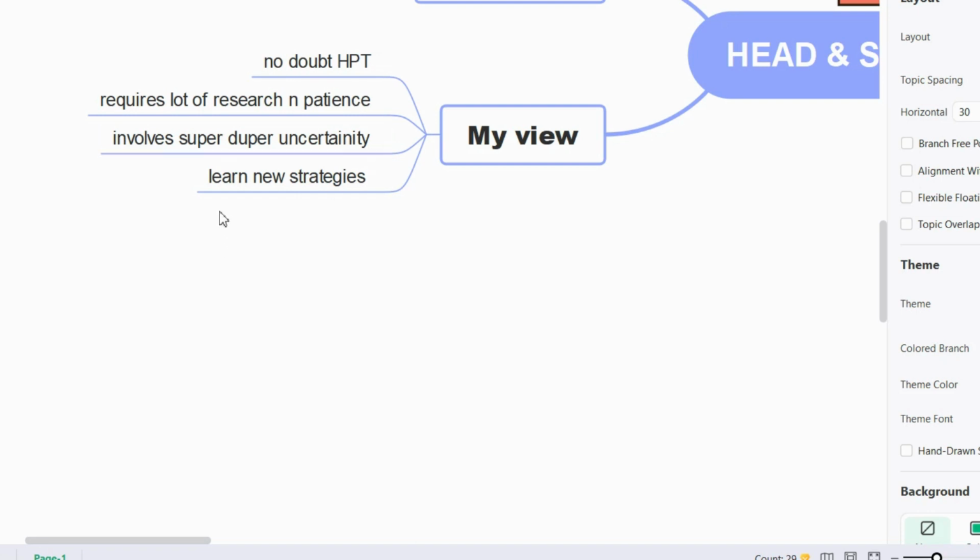Now, why am I doing this? If you are watching my previous videos, I only say that I trade Nifty and Banknifty and I am a day trader. But here I am discussing the head and shoulders pattern. Why? Because I am here to be in this profession for the rest of my life.